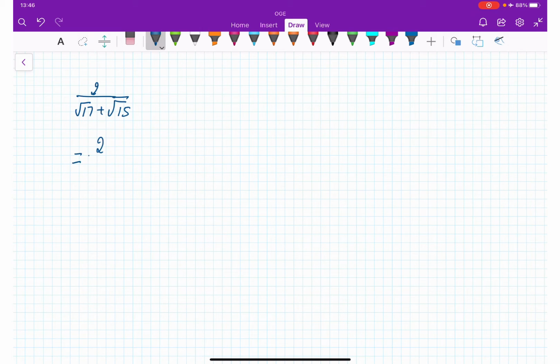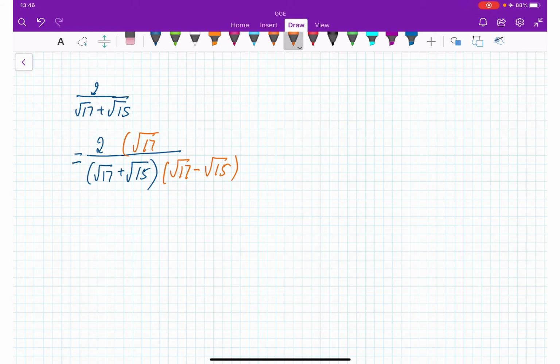Square root 17 plus square root 15, and multiply by square root 17 minus square root 15, and here multiply by square root 17 minus square root 15.